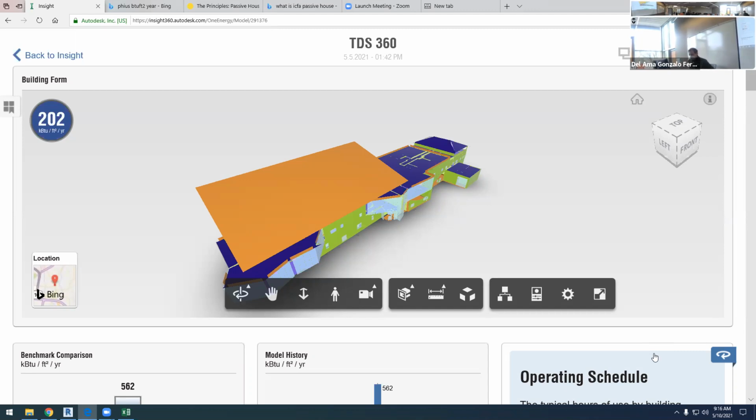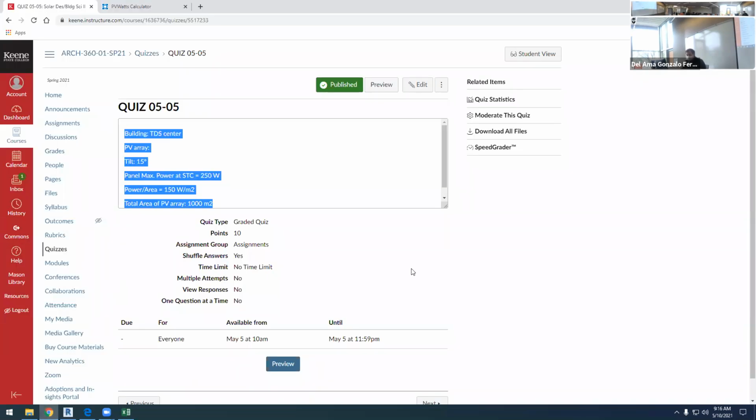We're not using this for the final exam, and I'm still thinking if we are going to use this for the final report, because things are getting complicated with Revit and Insight and Grid Building Studio. Let's analyze the results, and then we will see if you can do something with the Revit Insight. But first, I want to go over this quiz.